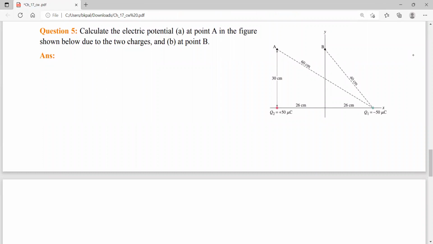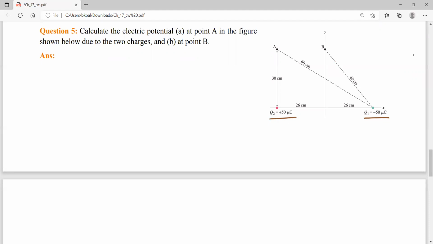Next, here we have two charges, actually a dipole, right? So Q1 is minus 50 microcoulomb, Q2 is plus 50 microcoulomb. So the same amount of charge, but opposite polarity, separated by some distance.